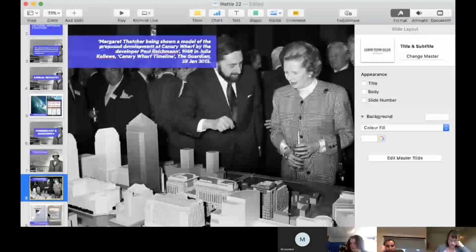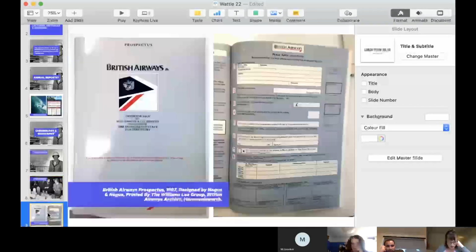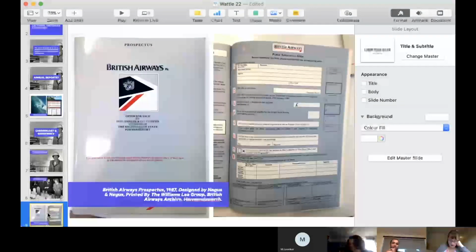So this is the British Airways prospectus in 1987, so the year they floated. And this was kind of a mandatory document for your company to produce to potential shareholders if it decides to float.